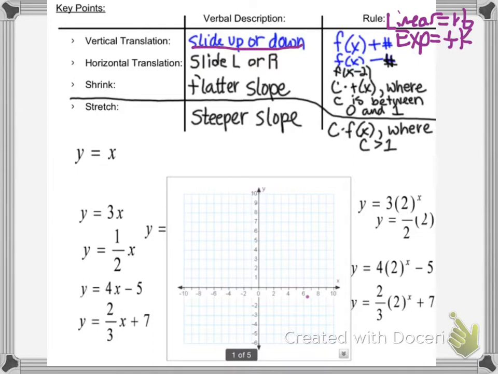Alright, now horizontal translation, slide left or right.